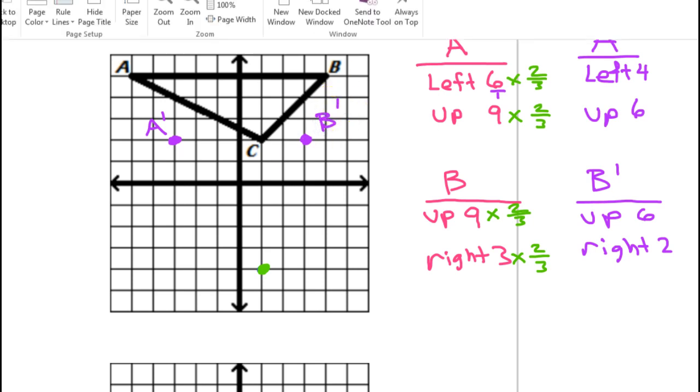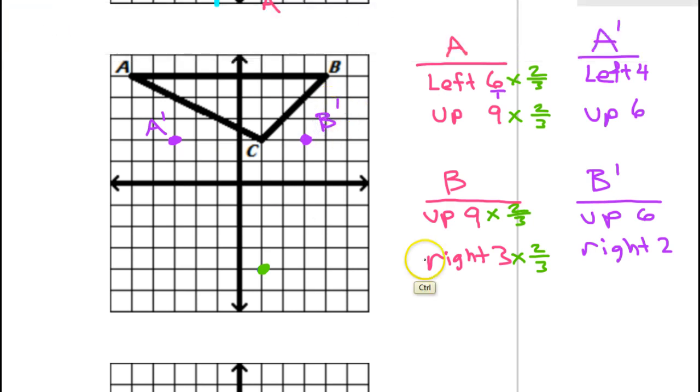All right, let's do that one more time for point C. Okay, to get to point C, I'm just going straight up. I would simply have to go up 6, and that is all.